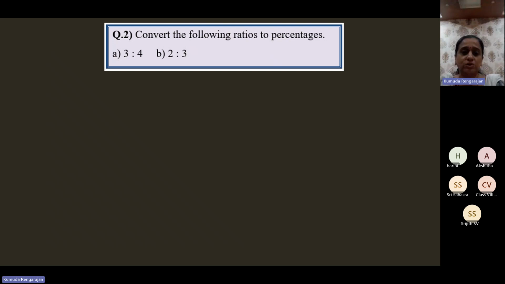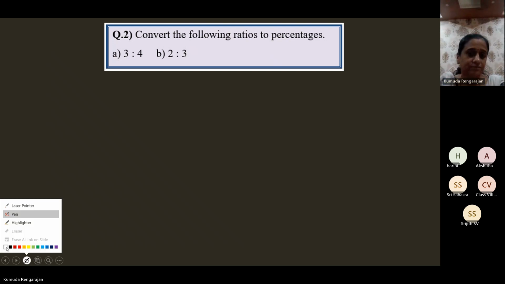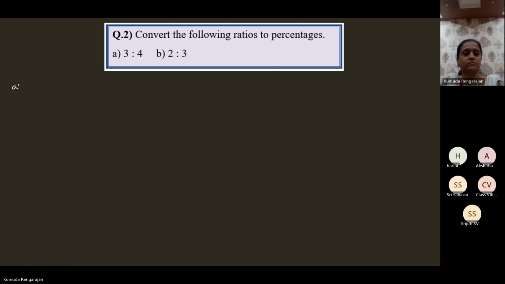Convert the following ratios to percentages. So 3 is to 4 means 3 by 4. And to convert to a percentage, just multiply by 100. Okay, let me write that first.